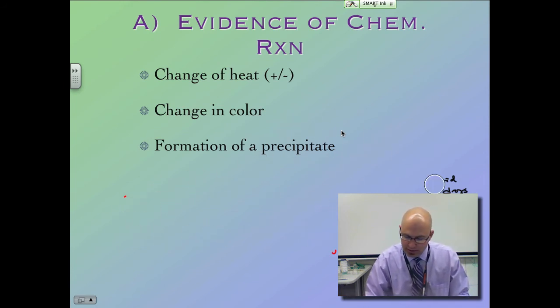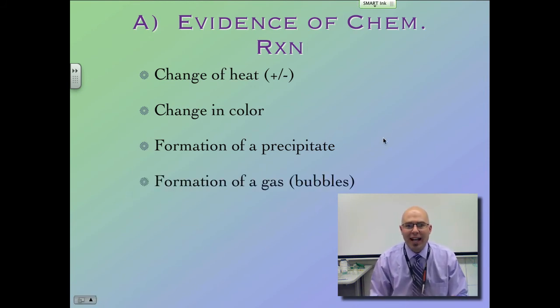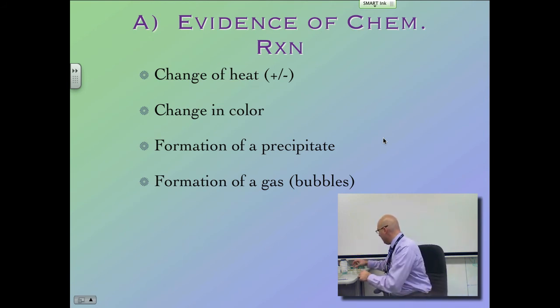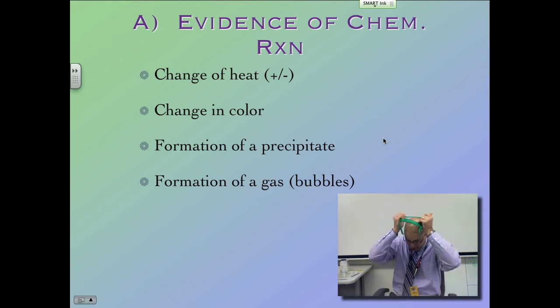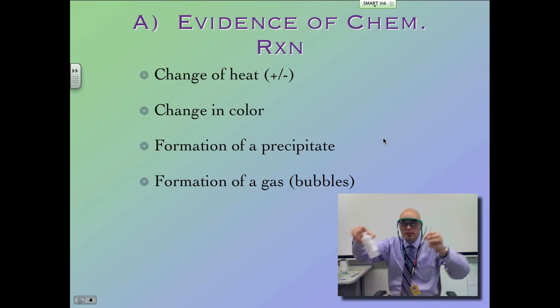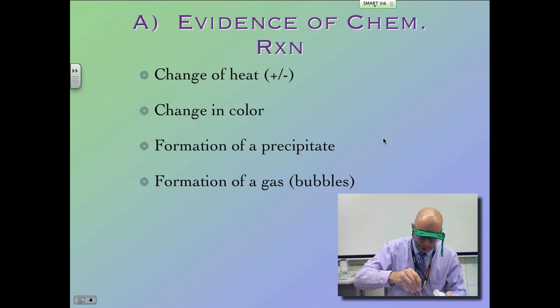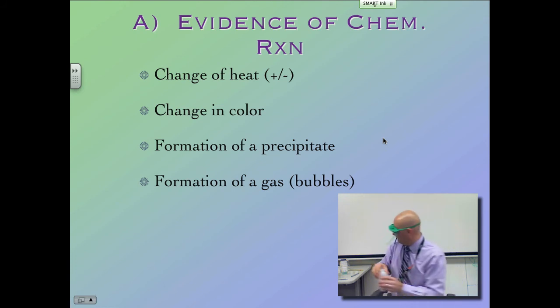Let me just quickly show you now the fourth, formation of a gas. Of course when you form gases, that's bubbles. So I do have another flask. Get those goggles back on. Probably should have just left them on. I'm going to take some hydrochloric acid again and place some hydrochloric acid in this Erlenmeyer flask.